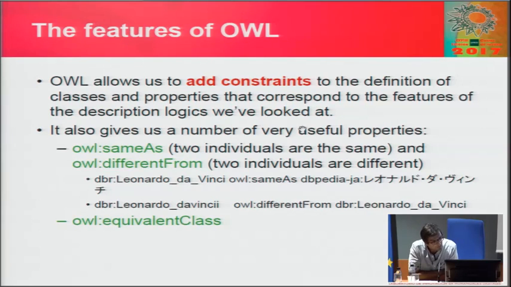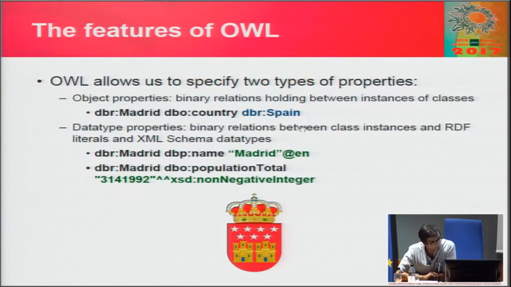And then I can also say that, for example, the DBpedia entry Leonardo da Vinci, da Vinci all in one word, is different from the DBpedia entry for Leonardo da Vinci, the artist. In the first case, it's actually a butterfly called Leonardo da Vinci. So these are two very useful properties that you come across a lot when you look at linked open datasets. And you also have the equivalentClass property as well.